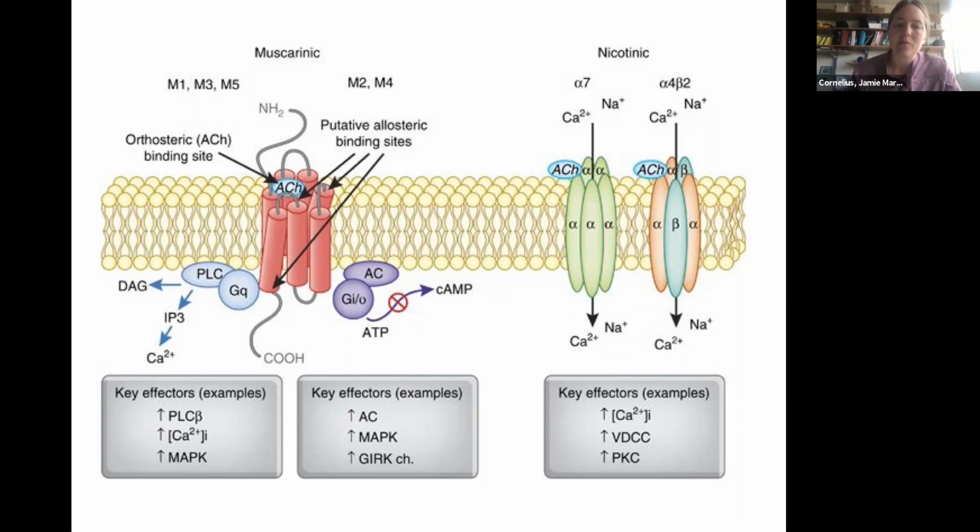And the increase in sodium and calcium is what then will cause downstream effects inside the cell. So two different receptor types for the same neurotransmitter. That's common as well. And what usually you see is that those receptor types are specific to particular places, particular types of cells. And that's how you get a different response in a different cell.